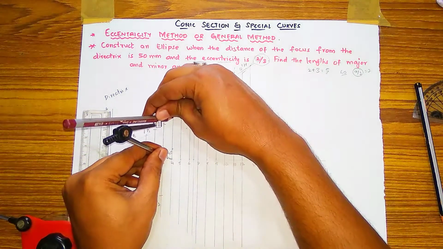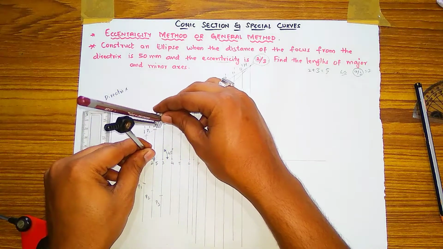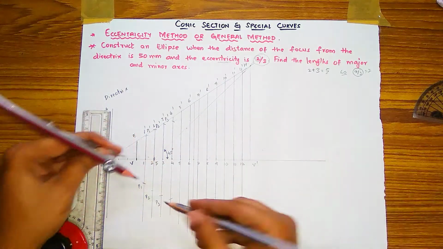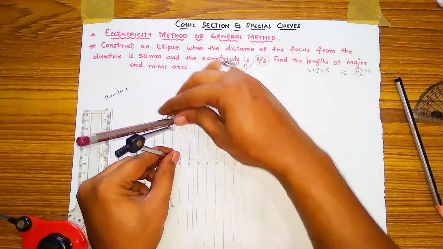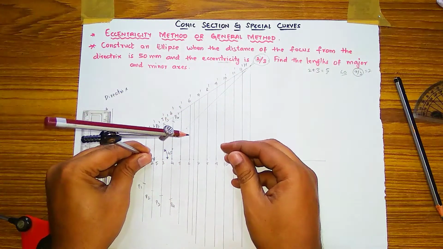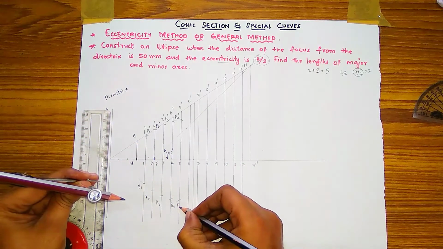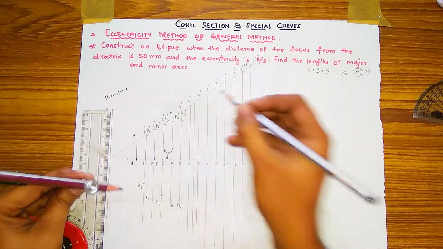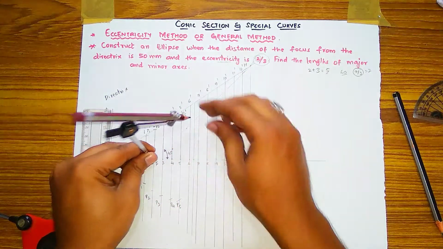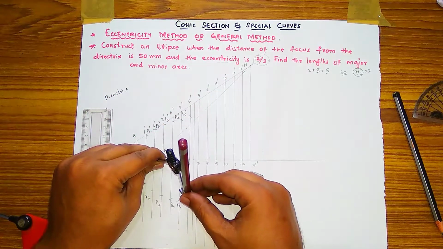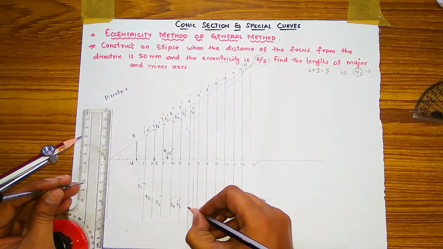Then from 4, keeping on F, P4 dash, and from 5 to 5 dash, keeping on F, P5, P5 dash. Then from 6 to 6 dash, keeping on F only you have to make the arcs, P6 dash, P6.